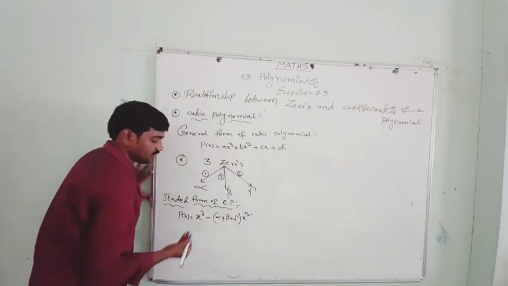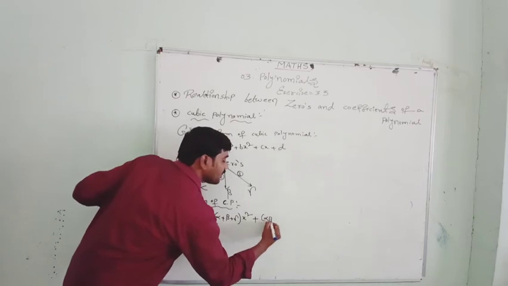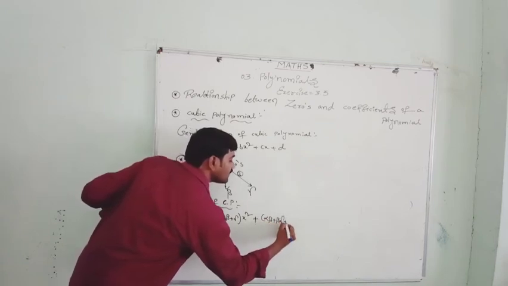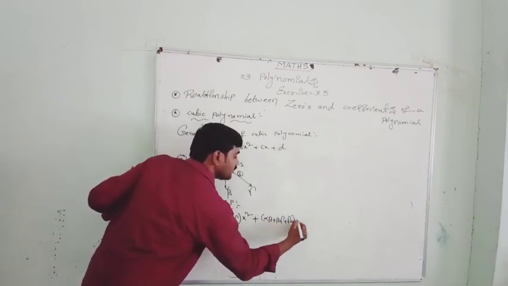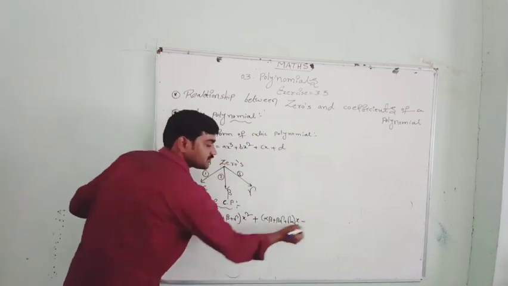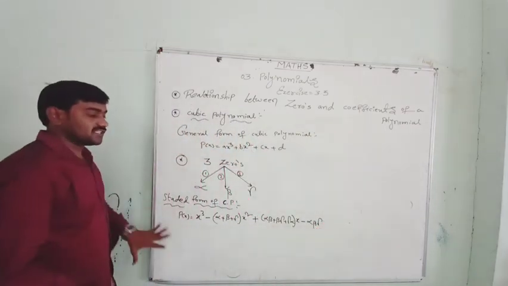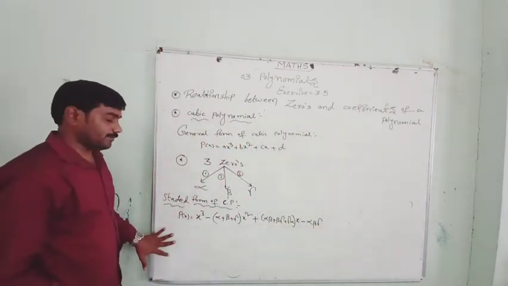Next positive, alpha beta plus beta gamma plus gamma alpha into x, minus, constant term alpha beta gamma. This is the standard form of a cubic polynomial.